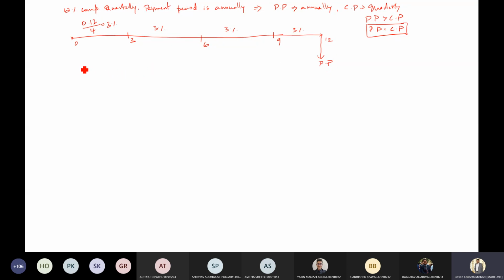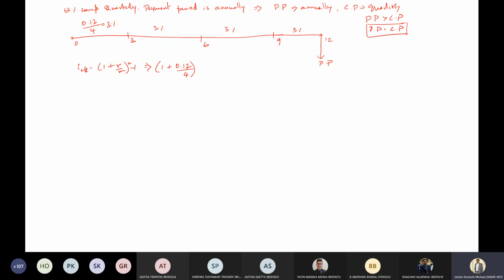first year. Now using the formula, i is equal to (1 plus r by m) whole to the power n, minus 1. So it is 1 plus your r is 0.12 by your m, compounded quarterly. Okay. Now your n is how much over here?